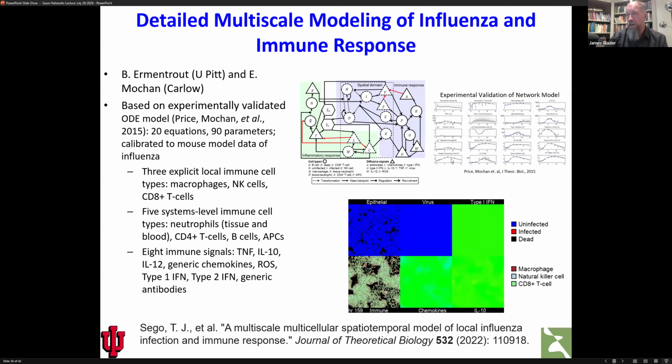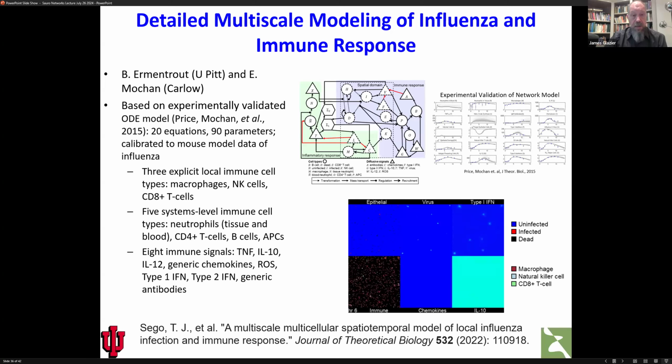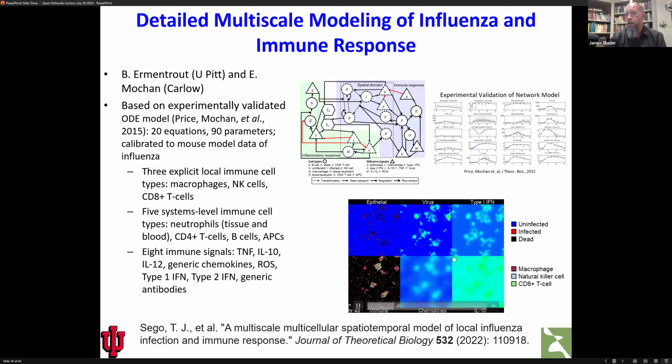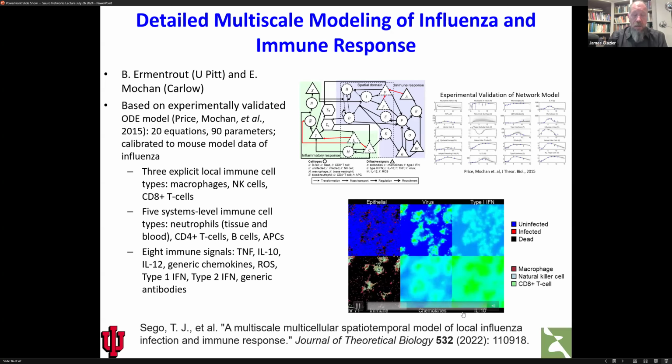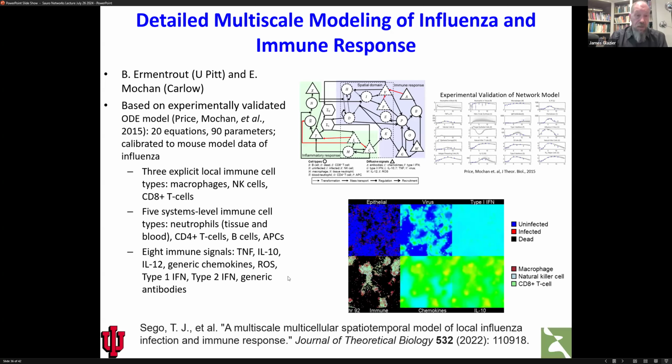So you actually have the time series for the different main chemical species, the different cytokines, also the different cell types, and then turn that into a spatial model where the individual cells are represented explicitly.